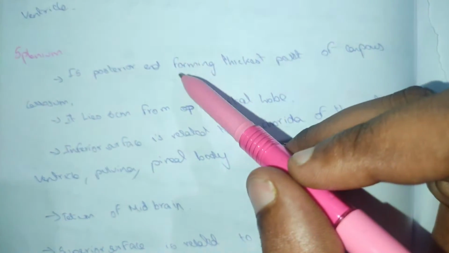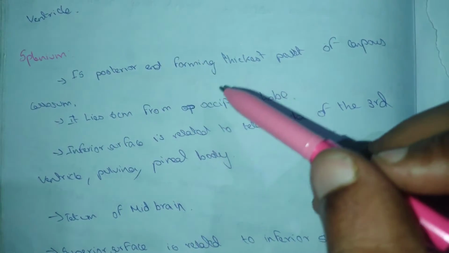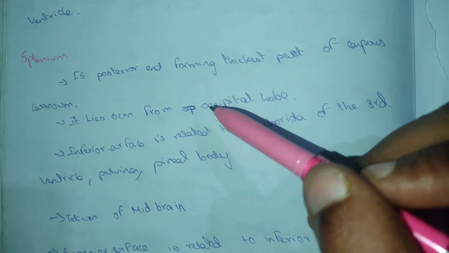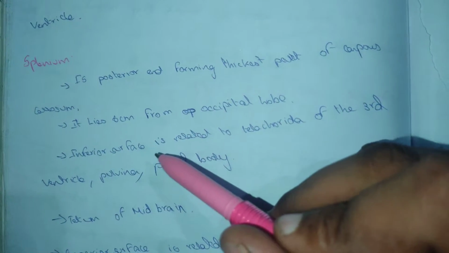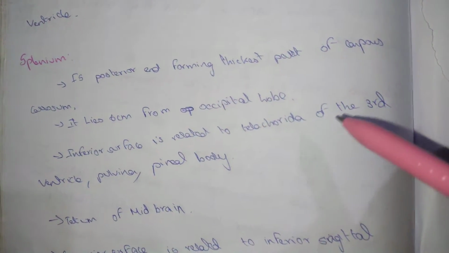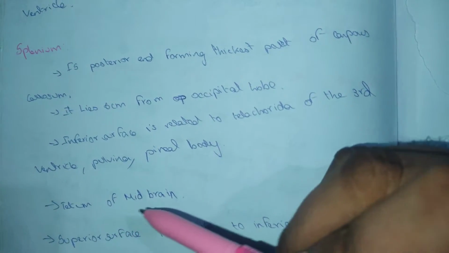Now we will see the splenium. The splenium is the posterior end, forming the thickest part of the corpus callosum. It lies 6 cm from the occipital lobe. The inferior surface is related to the tela choroidea of the third ventricle, the pulvinar and pineal body, and the tectum of the midbrain.